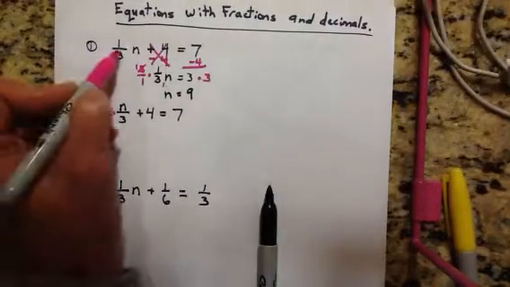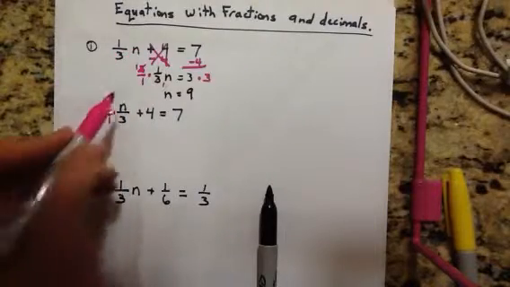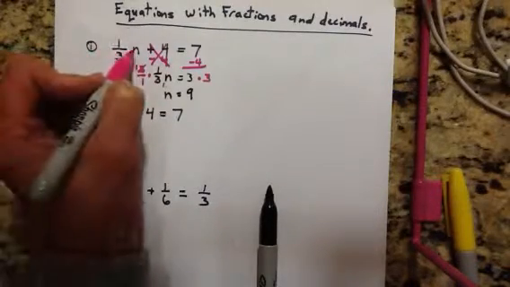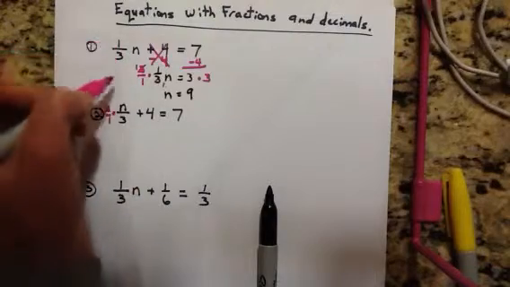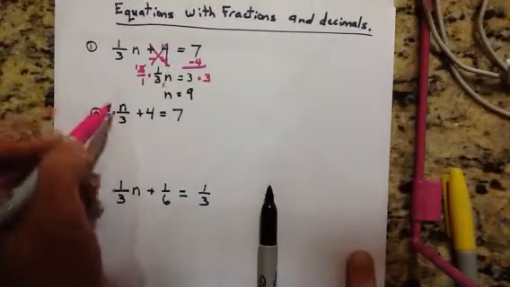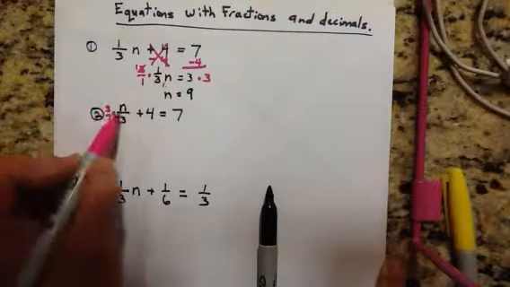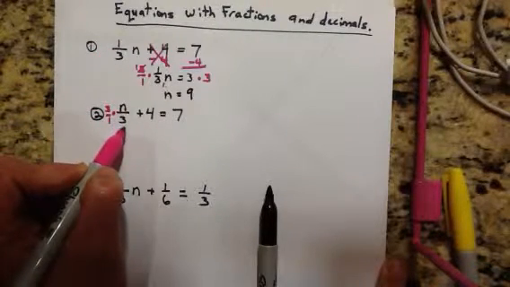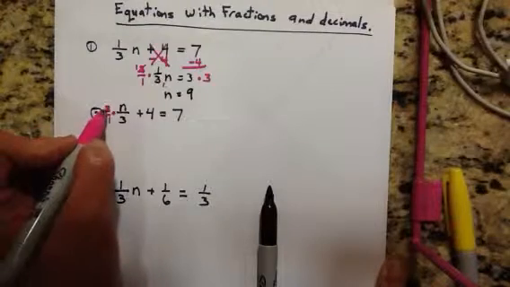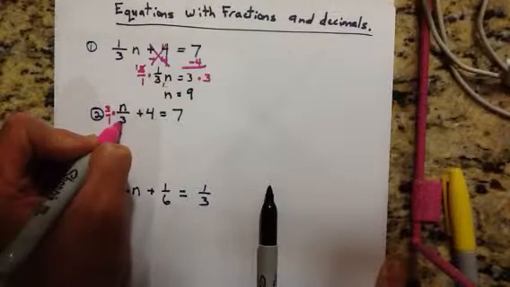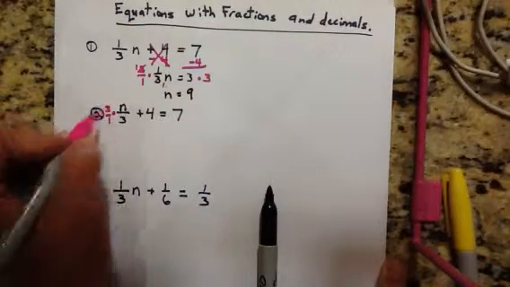So really, 1/3 n is the same thing as n over 3, because you would take the n times the 1, you'd end up with n over 3. So let's not confuse the rule of multiplying by the reciprocal with n divided by 3. You use the opposite of divide by 3, which is times 3.